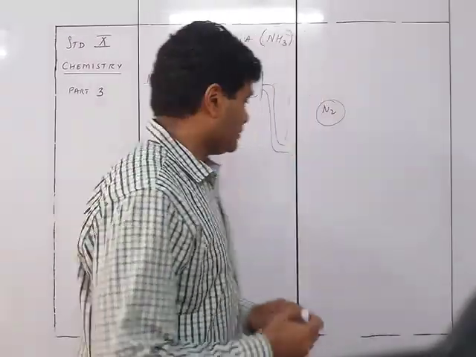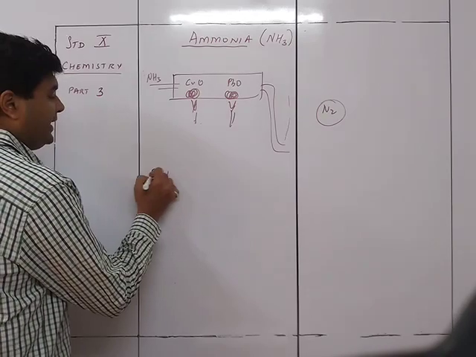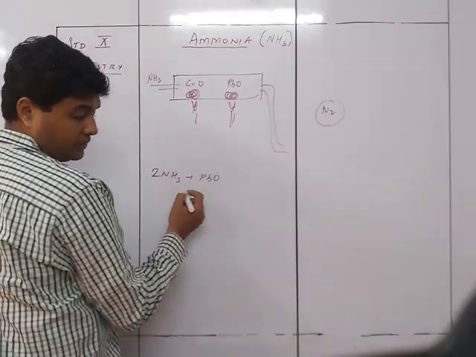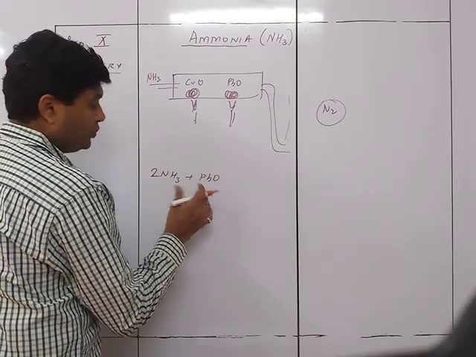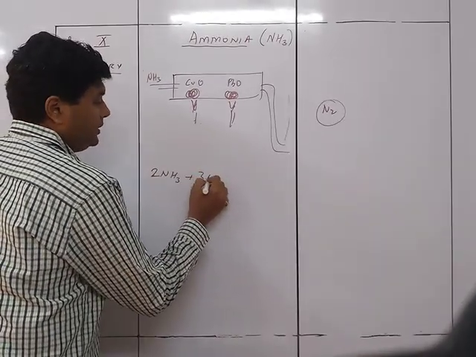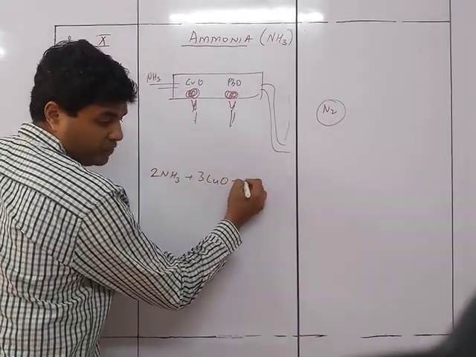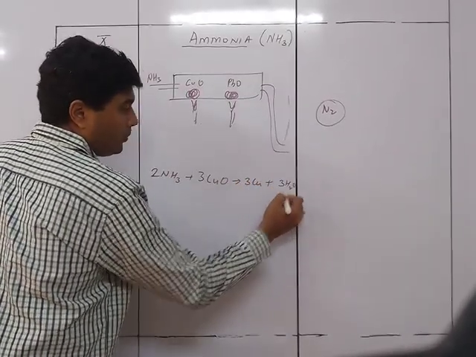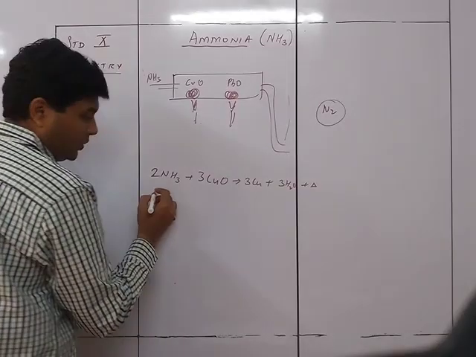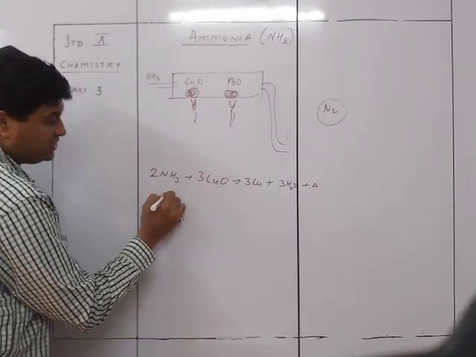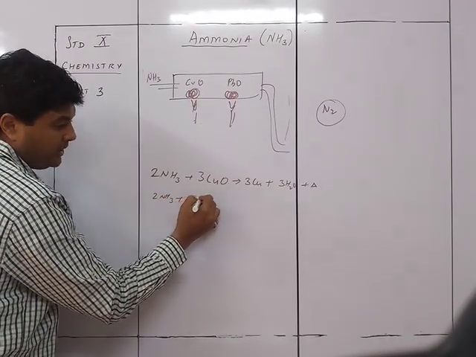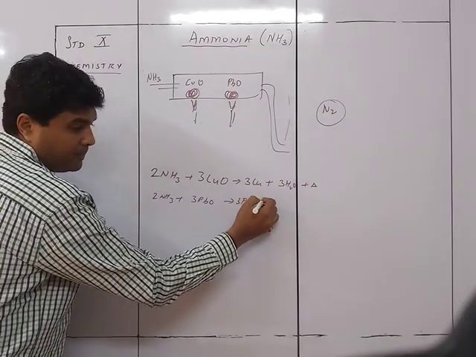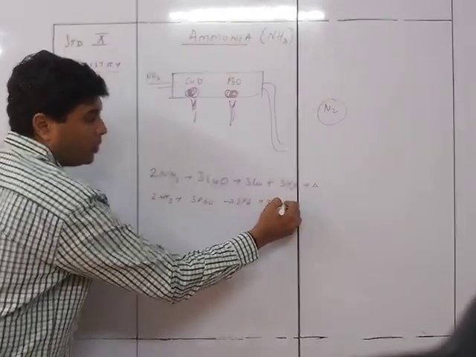So the reaction goes this way: 2NH3 plus 3CuO will give me 3Cu plus 3H2O plus heat, and over here will be 2NH3 plus 3PbO will give me 3Pb plus 3H2O plus heat.